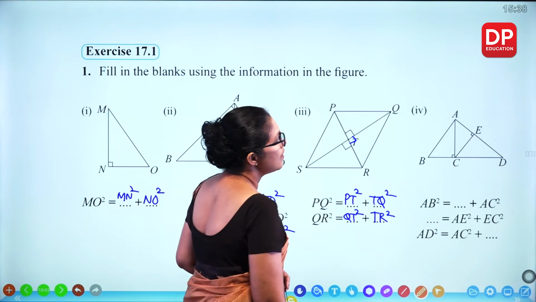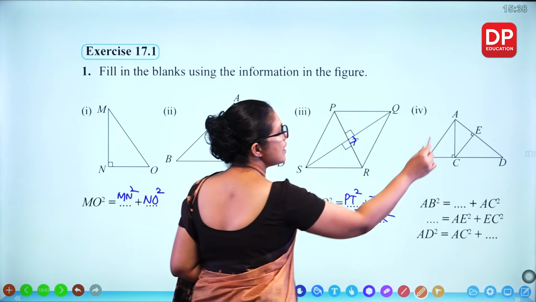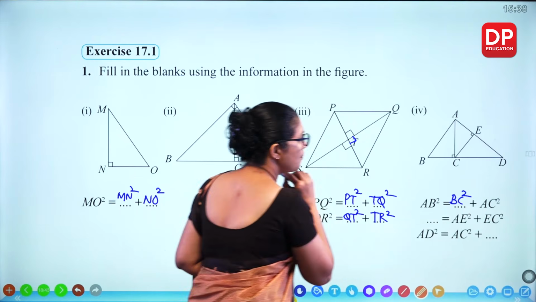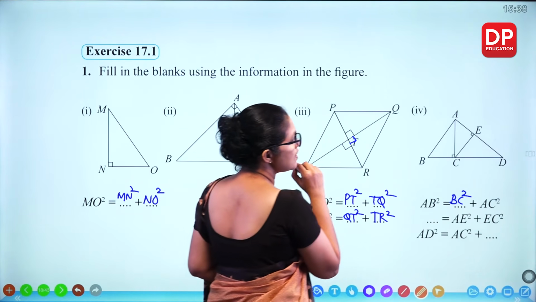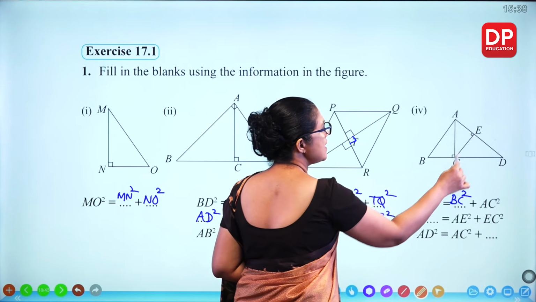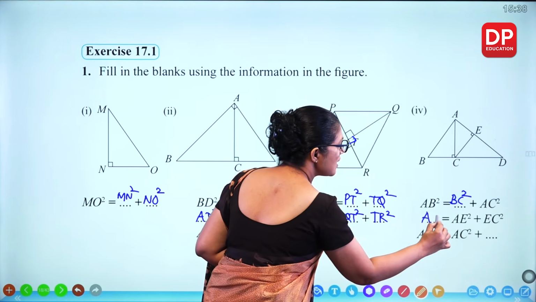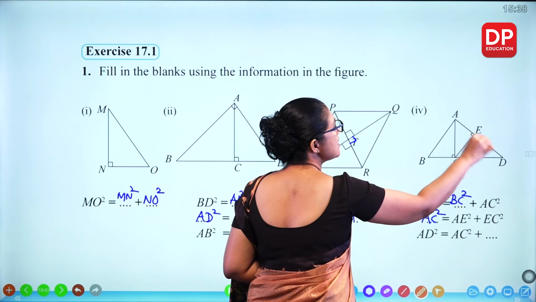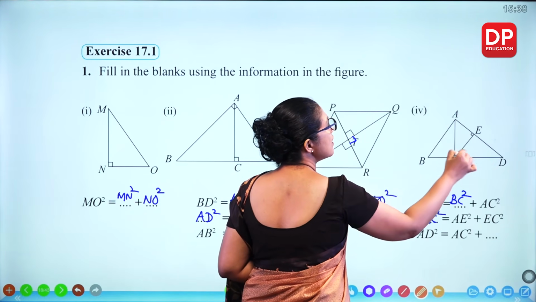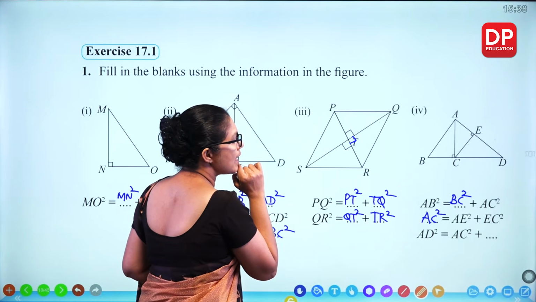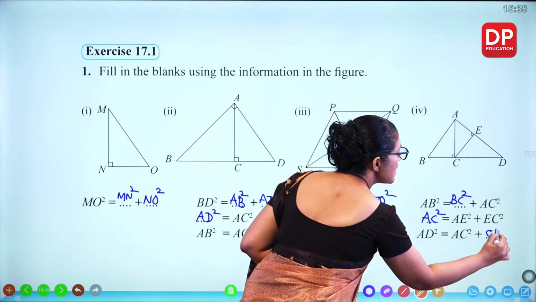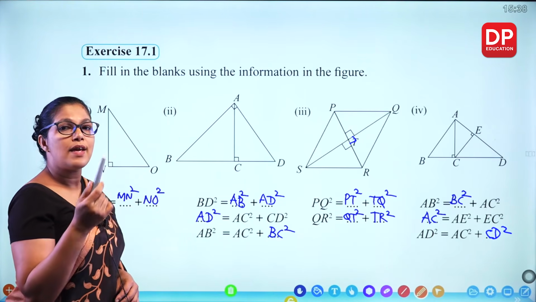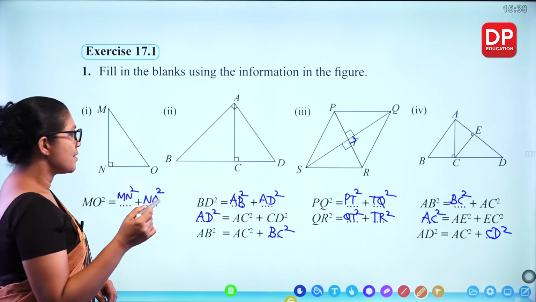AB squared, I can use triangle ABC. AC squared plus BC squared. Then AE squared plus EC squared is AC squared. Then AD squared. AD is this one. So that's triangle ACD. You can write AC squared plus CD squared. So you need to identify the triangle and then apply the Pythagoras theorem.